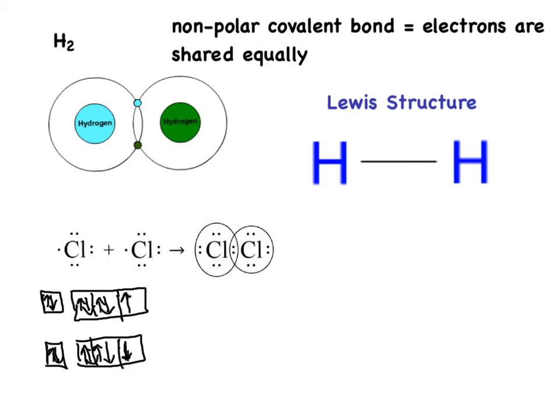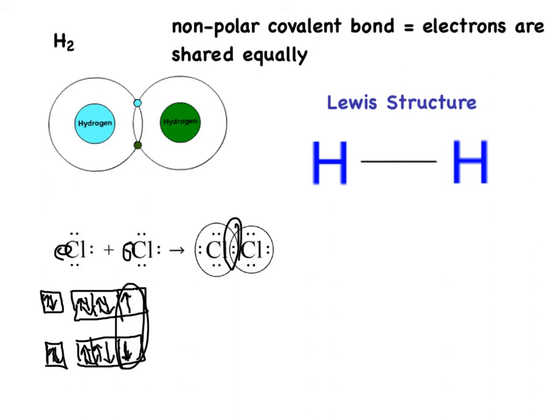And looking at each of these chlorine atoms as orbital box diagrams, you can see here's the orbital where we have room for 1 more electron. Here's the orbital where we have room for 1 more electron. And so what happens is those 2 orbitals will overlap like that, and each of these will be a shared pair between those 2 chlorine atoms.